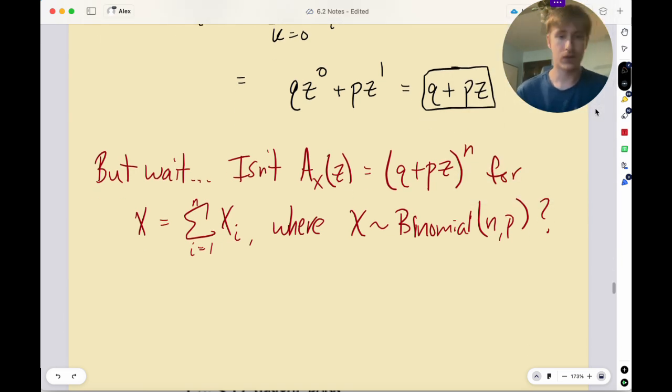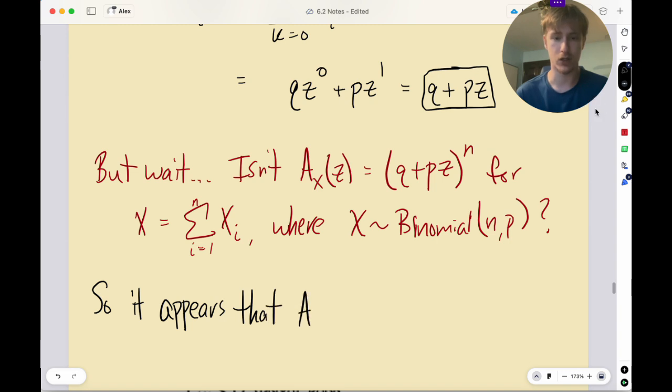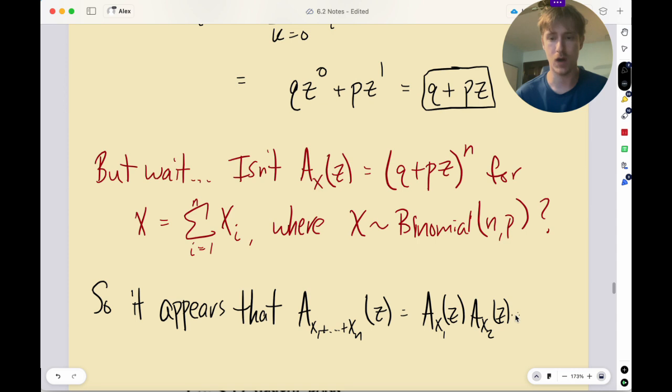So it appears that the generating function for x1 plus ... plus xn of z is the product of generating functions for random variables x1, x2, and so on until xn of z. That's what it appears, at least.